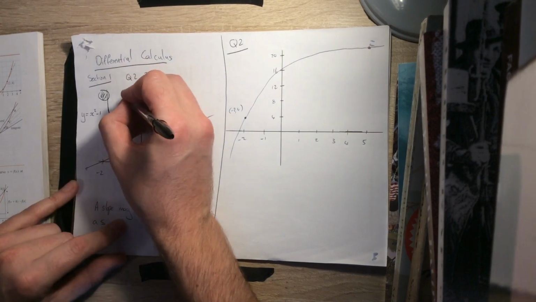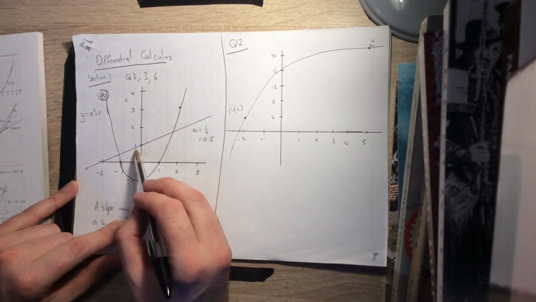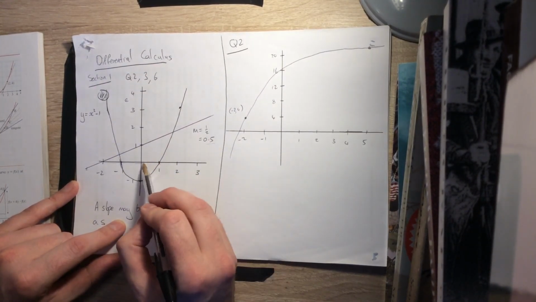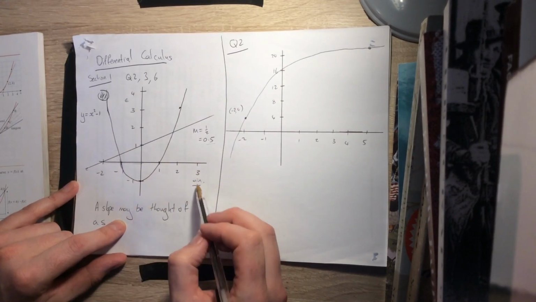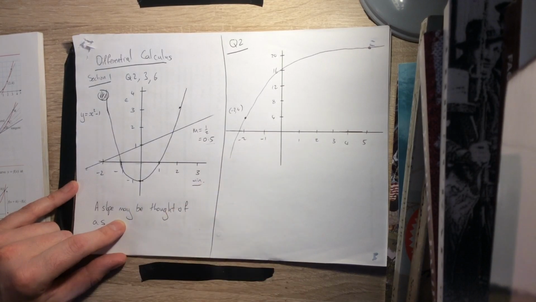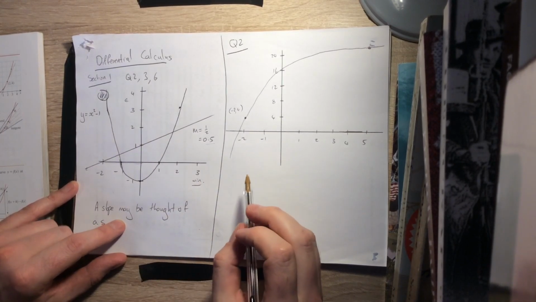Okay, so if y, for example, had units of euros, then this is changing at half a euro per, let's suppose this has units of minutes. So half a euro per minute might be the price of a phone bill, or the rate at which you're charged.